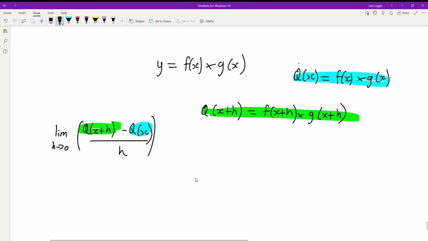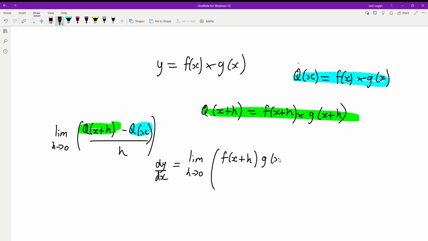So what we're going to get is this. The limit, so this is dy dx. Dy dx is equal to the limit as h goes to 0 of f of x plus h times by g of x plus h minus f of x times g of x, all on h.